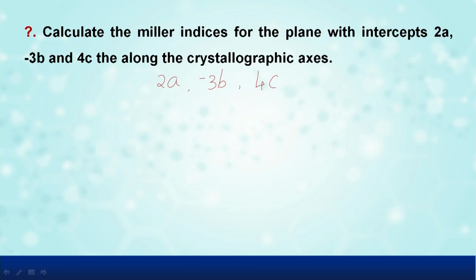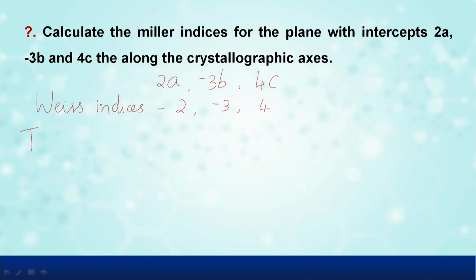So, what is the first step? We have to determine the Weiss coefficients. The Weiss coefficients are 2, minus 3 and 4.